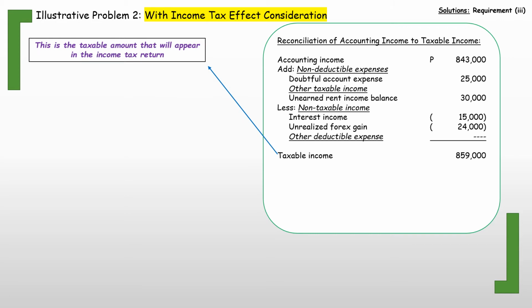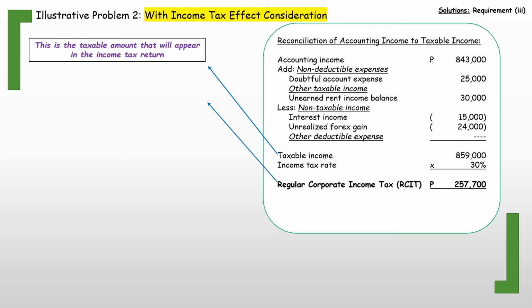This is the taxable amount that will appear in the income tax return. Multiply natin siya ng 30%, then we will arrive at the regular corporate income tax, or yung tinatawag nating RCIT, amounting to 257,700. RCIT is the income tax expense current.